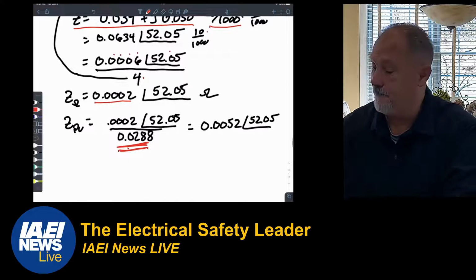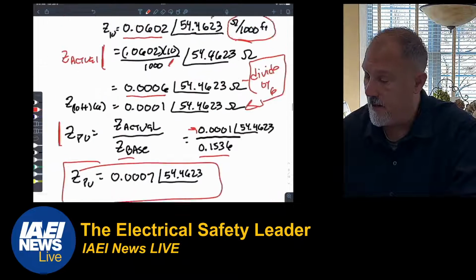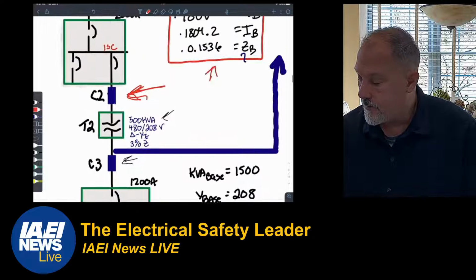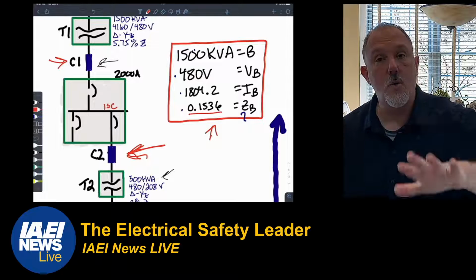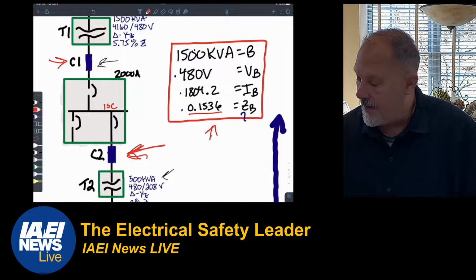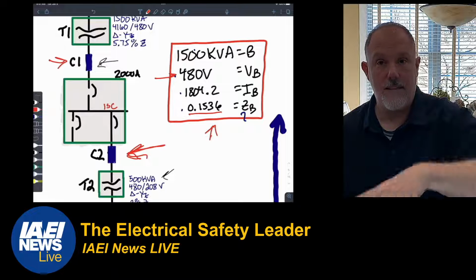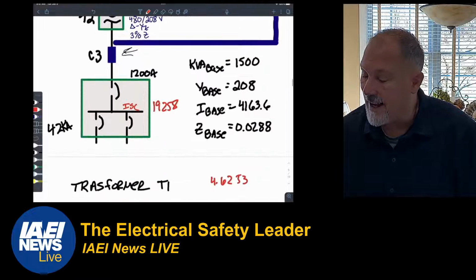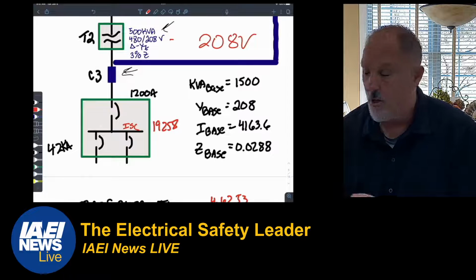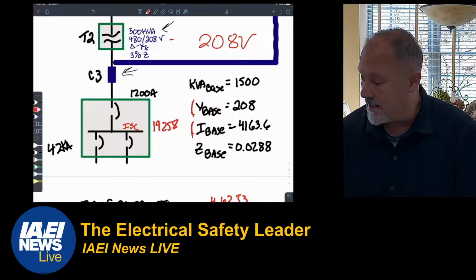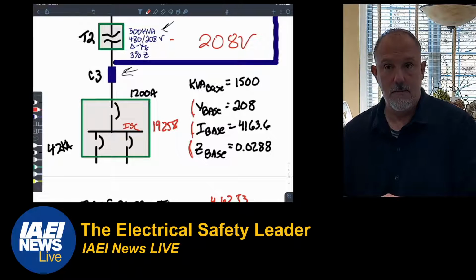I'll tell you why. Because remember, this base value of 0.1536 is only applicable at the 480 volt level. When I go to the secondary of this downstream device, I'm at 208 volts. So I have a new voltage base. That means I have a new I base, which means I have a new Z base.